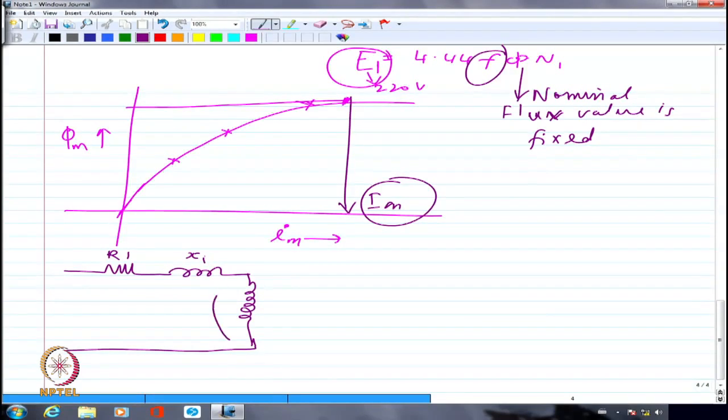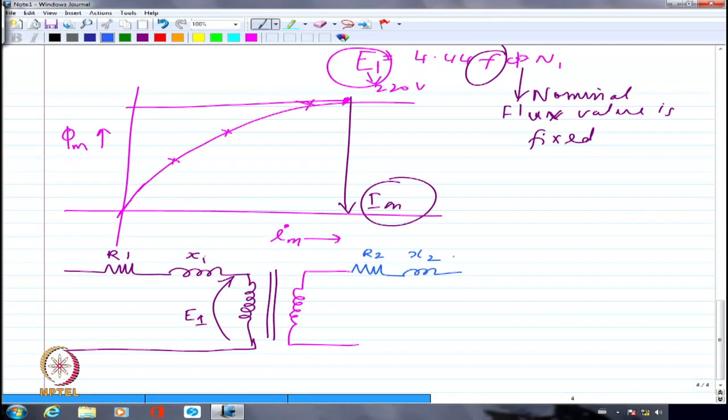Now what is available here is E1. Right? Now there is an iron core here, and then I am going to have the secondary winding here. Now I am going to have secondary winding resistance, secondary winding leakage reactance, right?